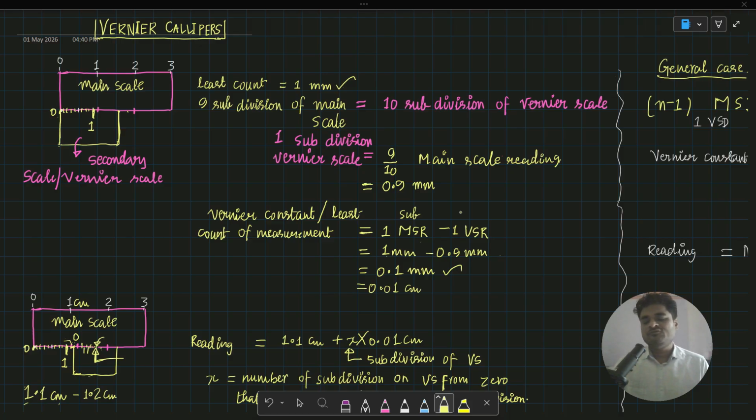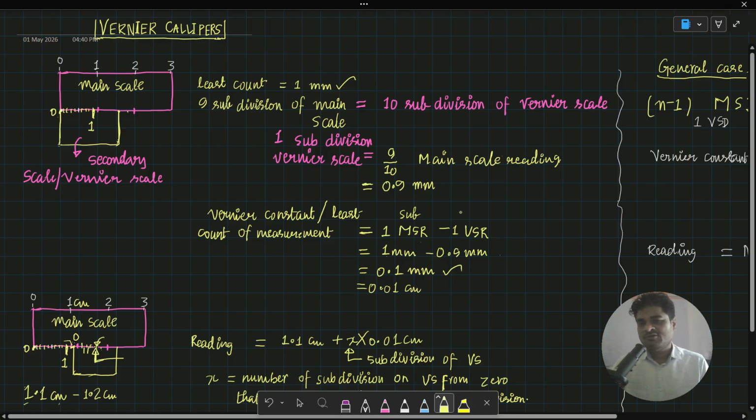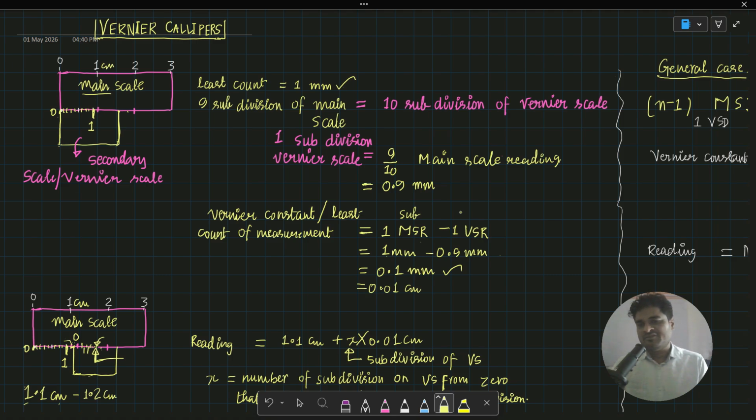First we'll use a very specific case of Vernier calipers and then we'll generalize it. So let's say forget about all this. Let's say we have a main scale that can measure in centimeter, its long division in centimeter and subdivisions are in millimeter.